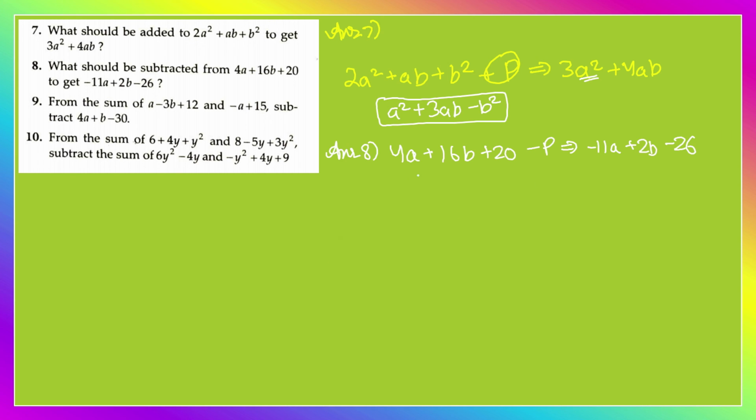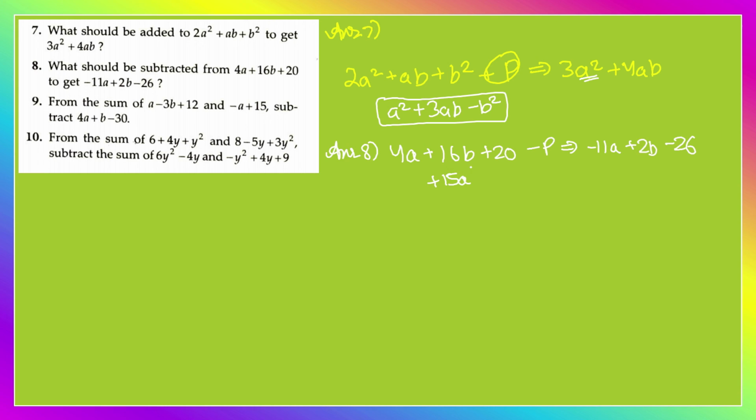So see, if I subtract from 4a, I subtract minus 15a. Suppose if I subtract minus 15a, so minus minus become plus, so minus 15a cannot be possible. So what I'm going to do, I'm going to subtract 15a from it, plus 15a. I'm going to subtract 15a from it and I'm going to get minus 11a.